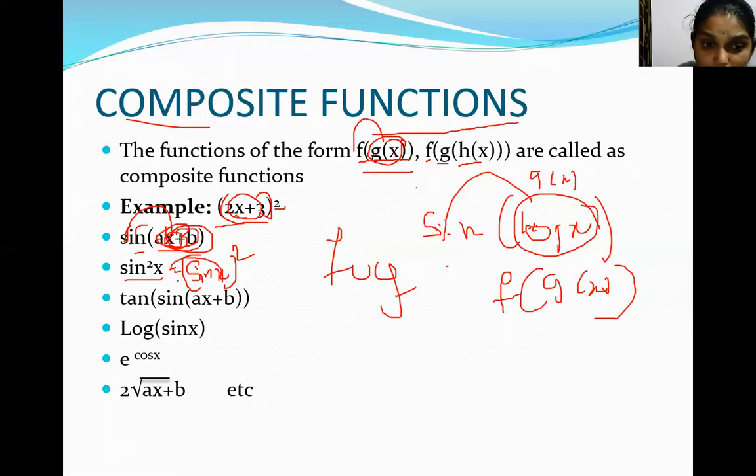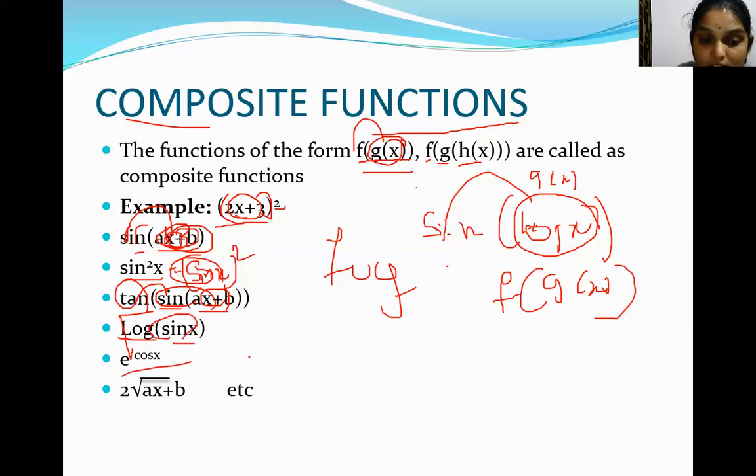Here sine x is one function, and the whole square is another function. Then tan operating on sine of ax plus b: here ax plus b is h of x, sine of that value is g of x, and tan operating on that function is f of x. Log of sine x: sine x is one function, and log operates on sine x.